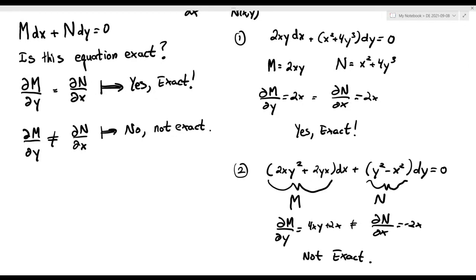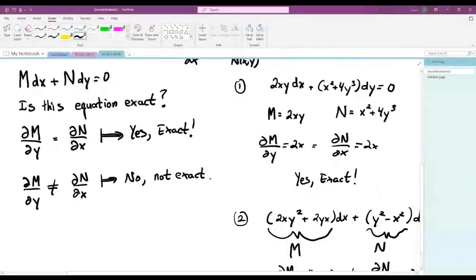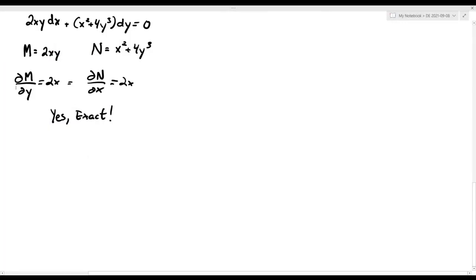Okay, but why is it useful that our differential equation is exact? Why is that of interest to us? Okay, so imagine how a professor or somebody might come up, or you might come up with your own differential equation which is exact.